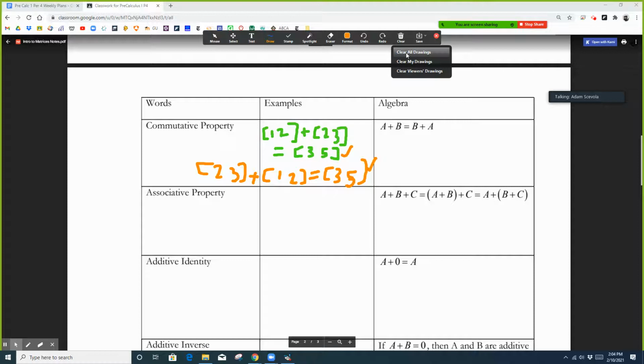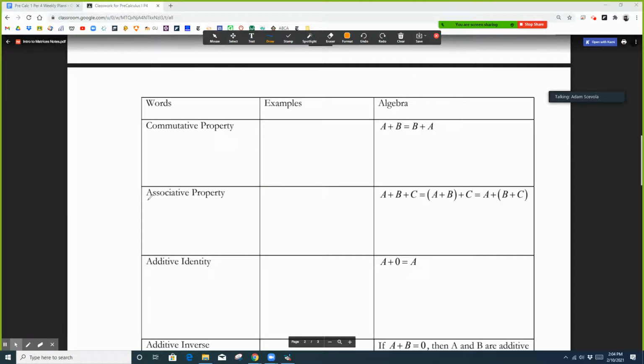Same thing with the associative property. If you were adding three matrices, the order doesn't matter. Let's actually do this with text here because it's easier to type out. So if I was doing 1 and 2 plus 2 and 3, and then plus 3 and 4, I'm just making random matrices.